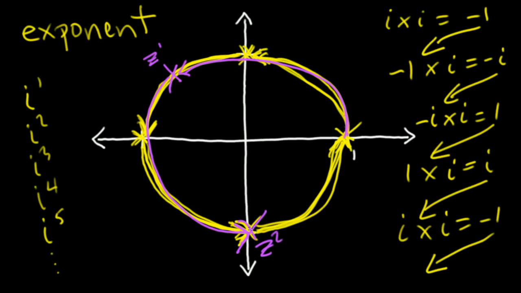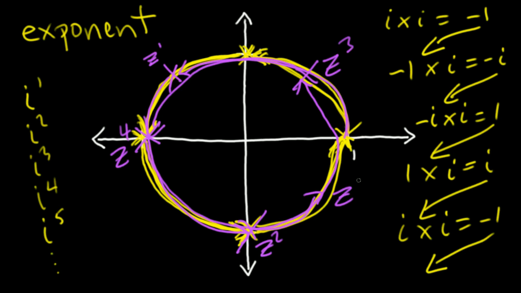If we were to multiply by z again, we would go around 3/8 and end up over here. That's z cubed. Multiply again, 3/8 of the circle is over here, z to the fourth, z to the fifth would be over here. We keep going around and around and around the circle.